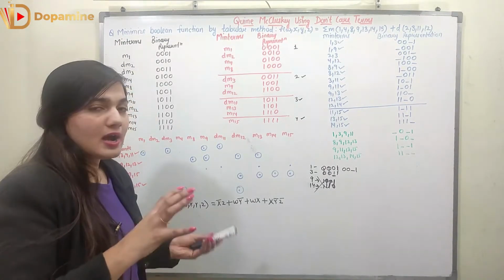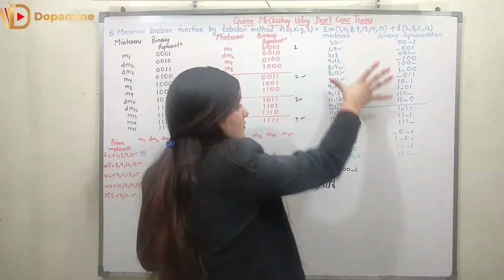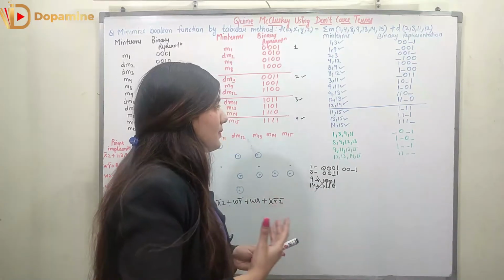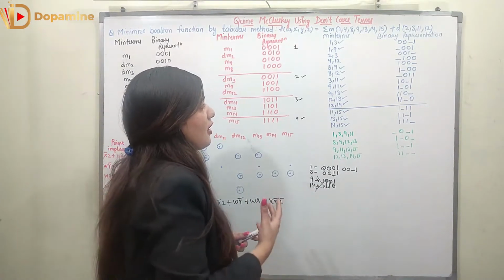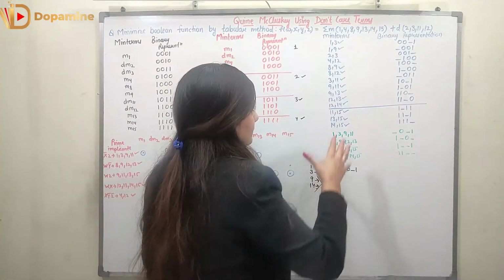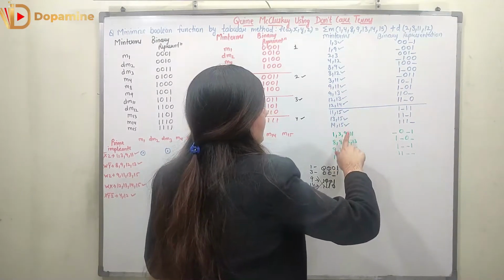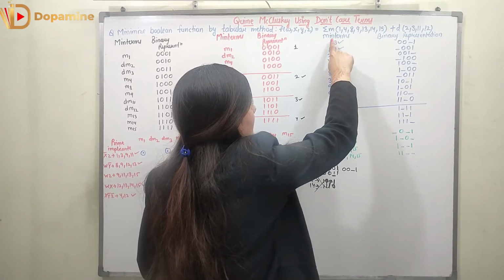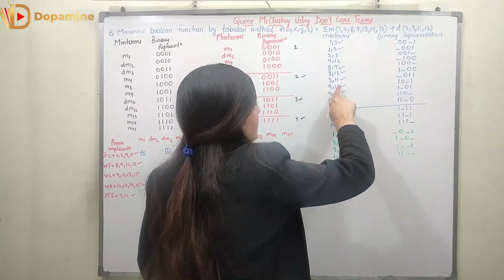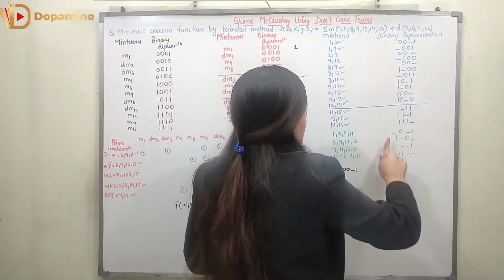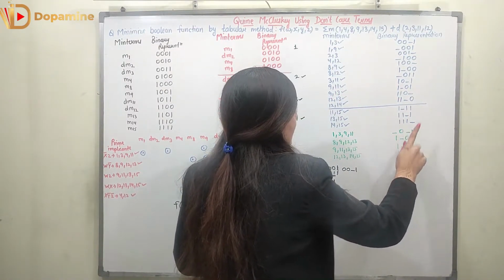Right? So now again moving on to this grouping, and now again checking whether we can have a further grouping or not. If I check a further grouping, you can see over here we have the grouping of 1, 3, 9 and 11. I can club 1, 3 with 9 and 11, right? So 1, 3 can be clubbed with 9 and 11 as -0-1.